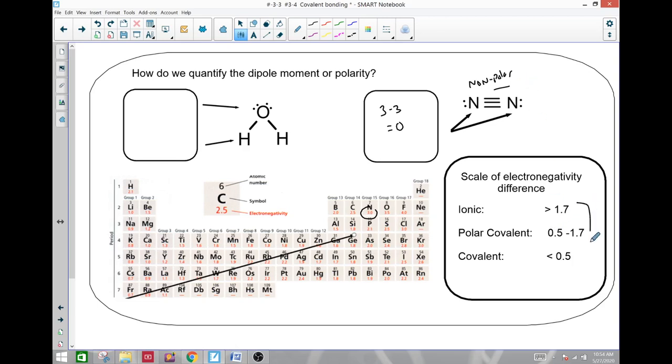Here's a scale. I wouldn't necessarily write this down, but just so you know, there's a way to calculate it. I'm probably never going to ask you to do this, but it's being done all the time. So hydrogen, oxygen. We'll do it twice, once for this bond and once for that bond, but you'll see they're the same. Oxygen's 3.5, minus hydrogen 2.1.